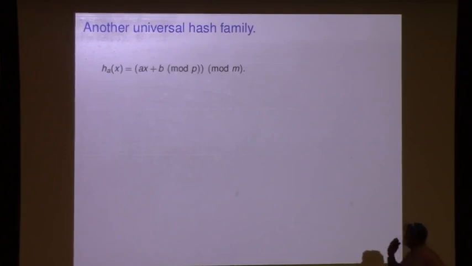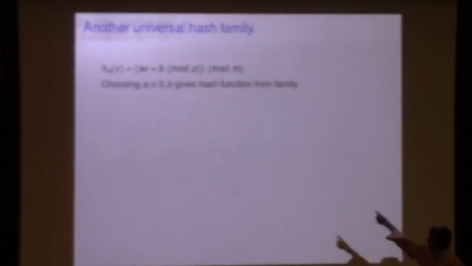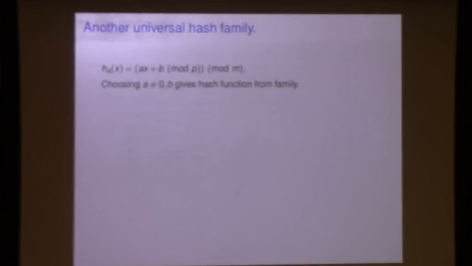this is another universal hash family where what you choose at random is A and B, okay? Where you choose A not equal to 0. Why don't you want A to be 0? Yeah, because it won't depend on the input. If A is 0, all elements will be mapped to the same thing.